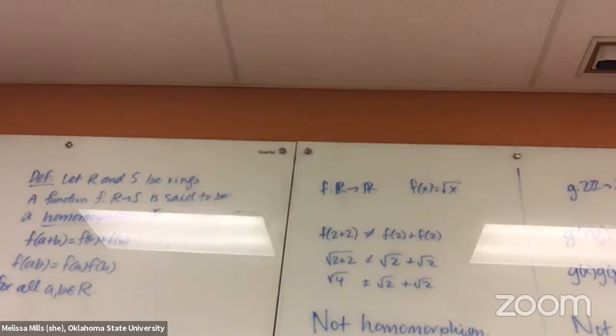If I can remember how we would say that: if we had x mod 12 equal to y mod 12, then we would write that as x minus y equals 12n or something like that. Remember that?